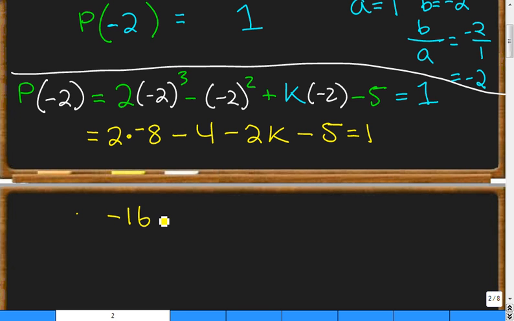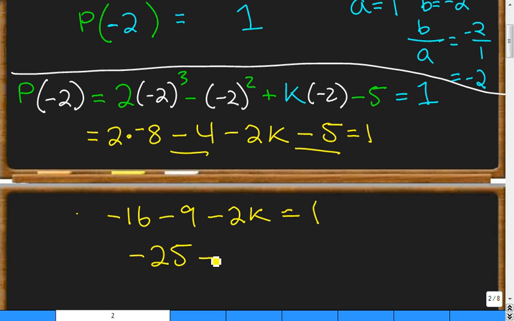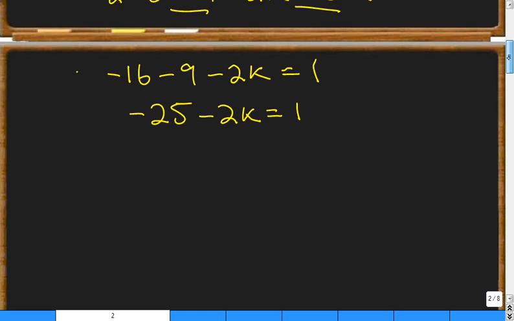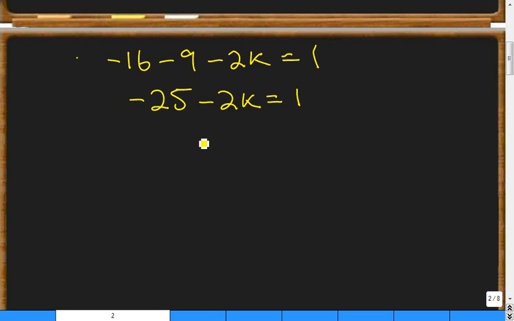We have our minus 4 and our minus 5 together make a minus 9. This is negative 25 minus 2k equals 1. And so we'll have negative 2k equal to 26. And if we divide both sides by negative 2, we'll get k to equal negative 13.